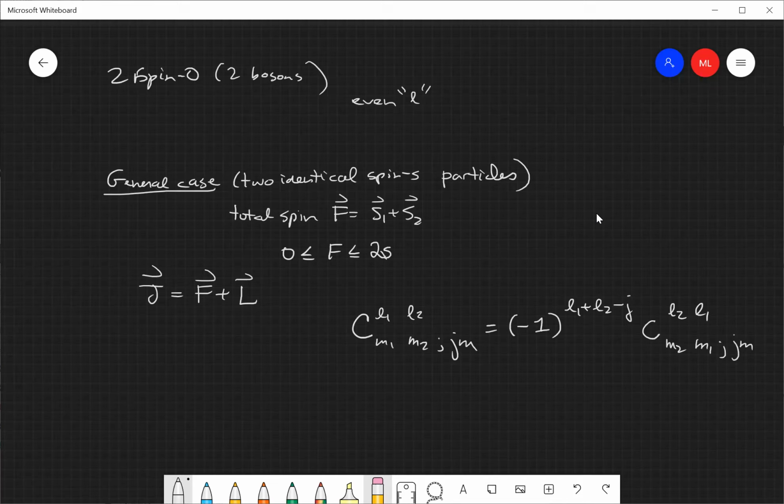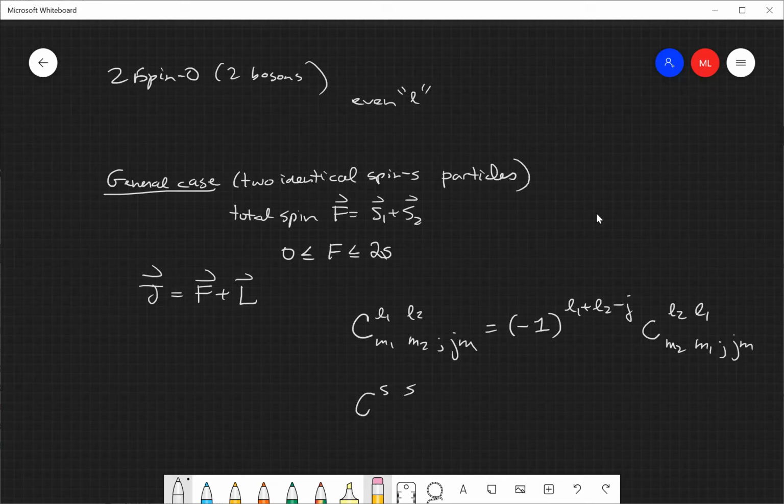And so for us, what we're concerned with, of course, is adding spin 1 and spin 2. So for us, L1 and L2 are just the spin S. So it's like S, S, right?